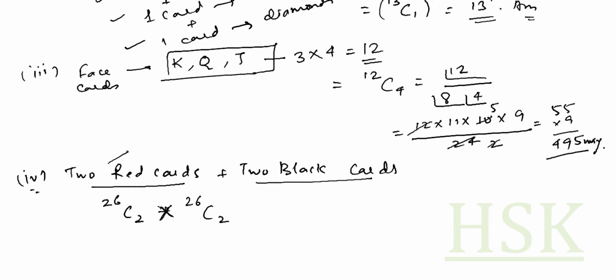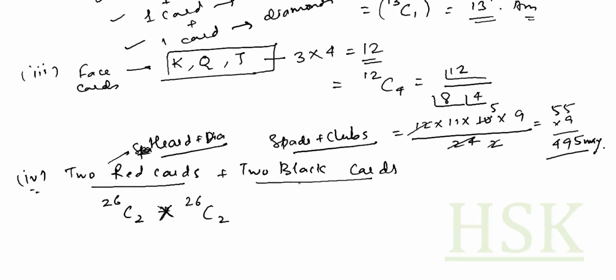Because hearts and diamonds are red cards, and spades and clubs are black cards, and with 2 suits of each color, there are 26 cards of each type.